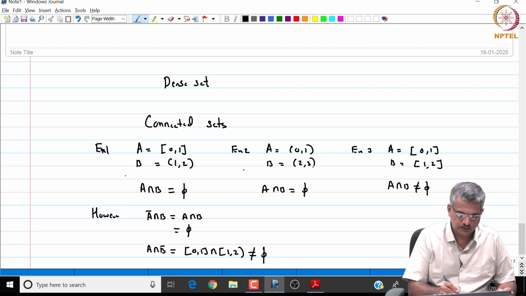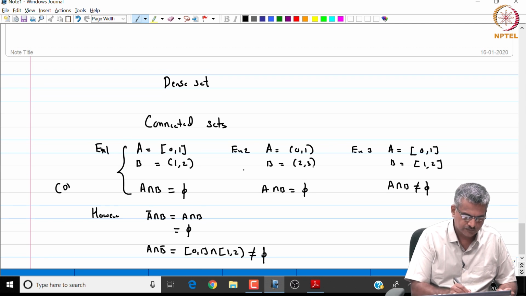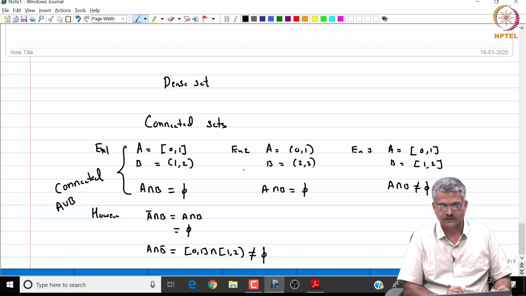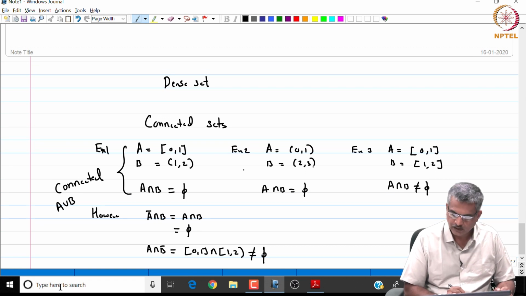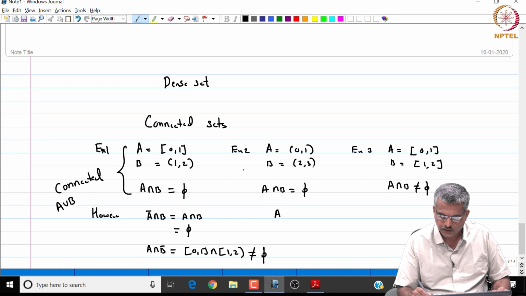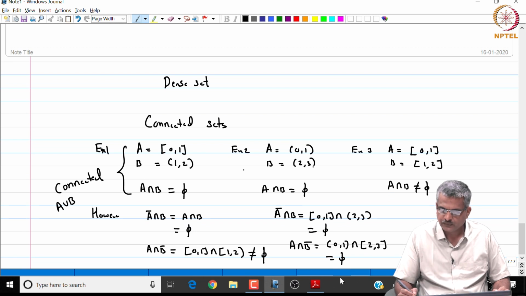So, here is an example. This example is a connected set, right. What is the connected set? A union B is a connected set, it is in one piece. Okay. Whereas, here if you do A closure intersection B, right, it is [0,1] intersection [2,3], which is empty, and so also A intersection B closure, which is [0,1] intersection [2,3], which is empty, right.